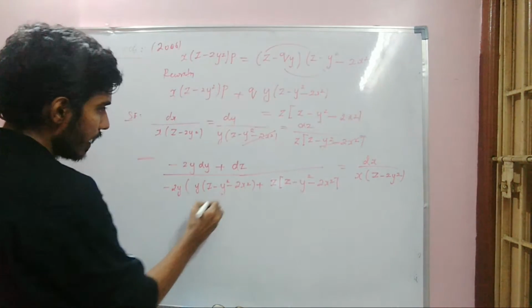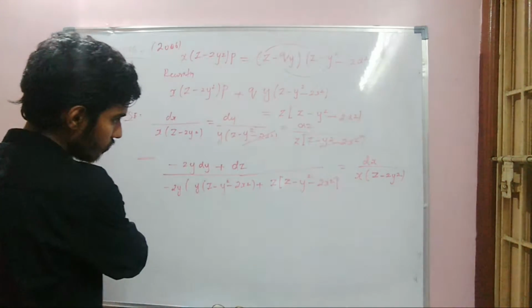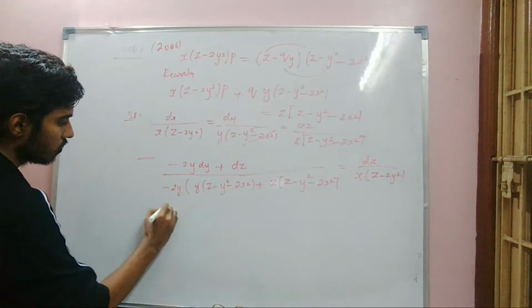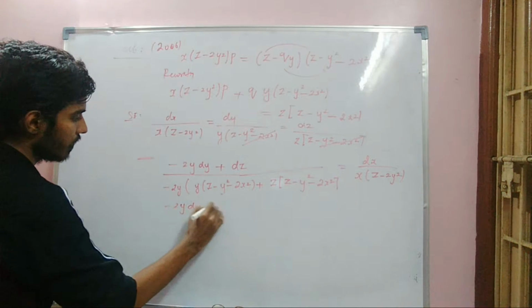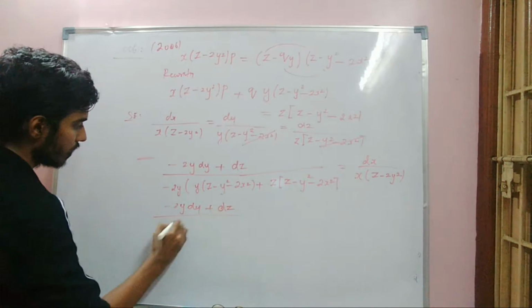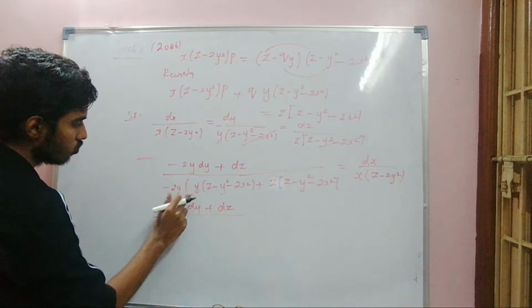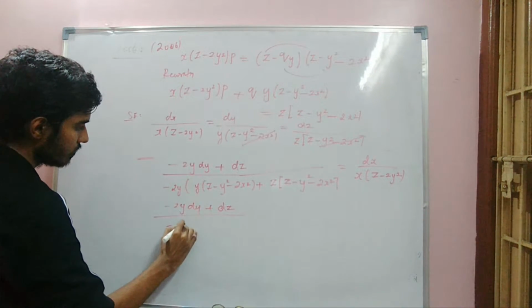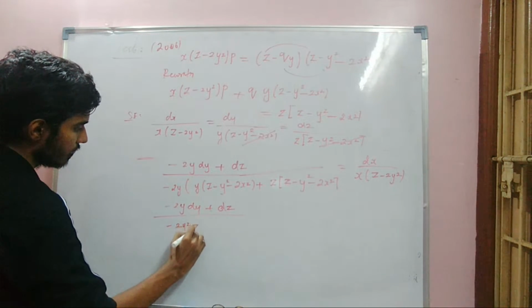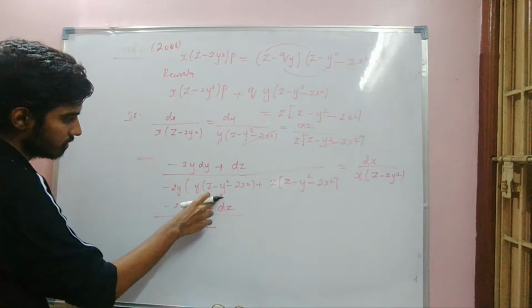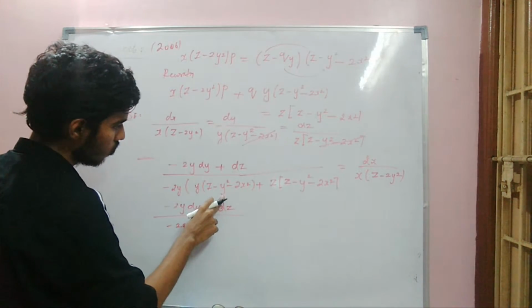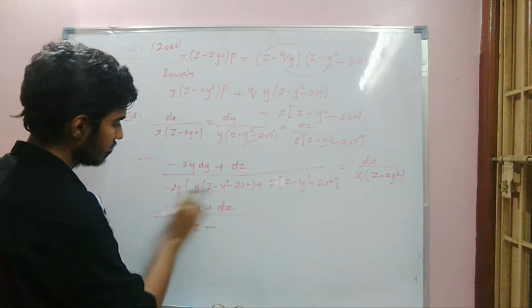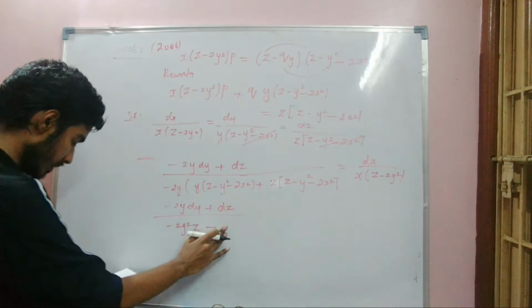Now you can see when you add this, you just make some simplification. So we are going to have minus 2y square z minus y cube, or else we will keep minus 2y outside.